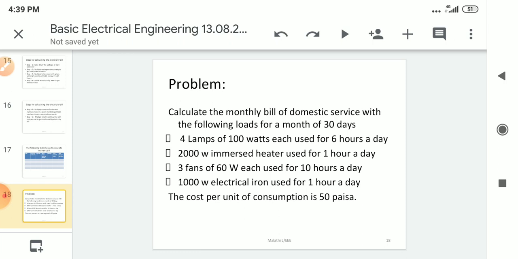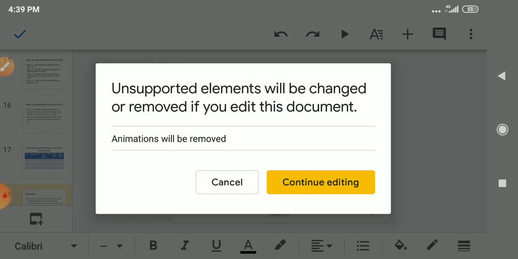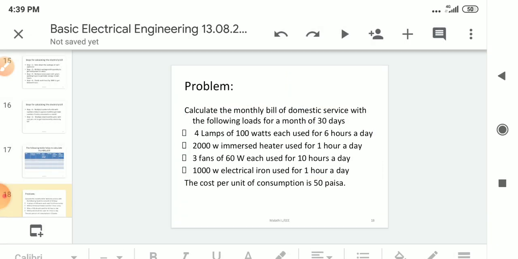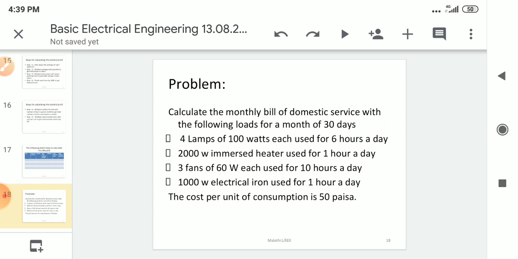And they are giving its quantity and the number of hours it is used in a day. Here the question is to calculate the monthly bill of domestic service.